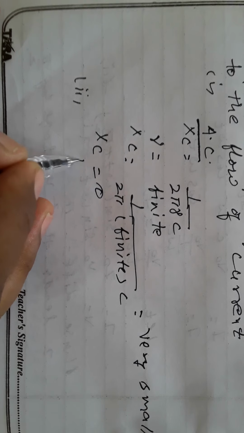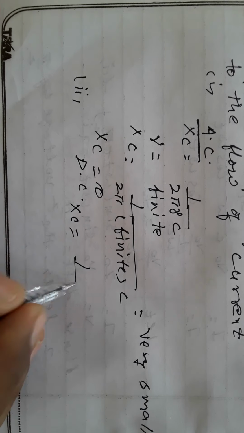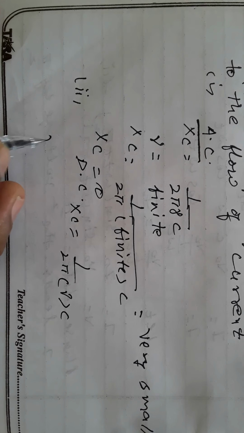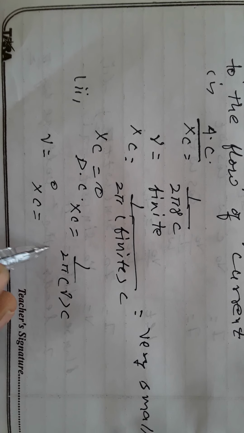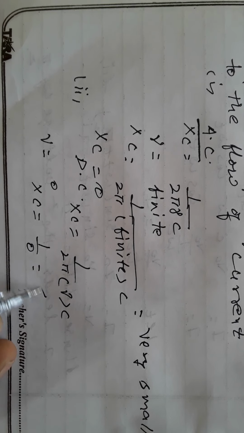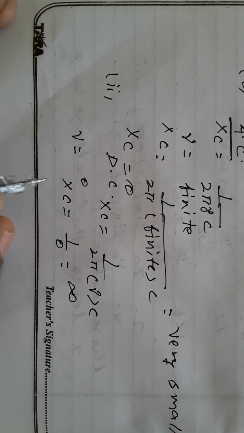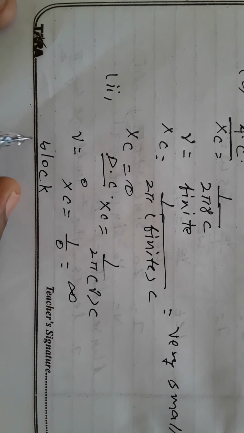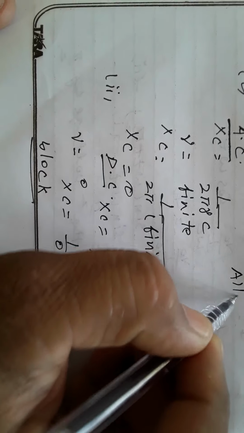For the DC current, we can write XC is 1 by 2 pi nu C. For DC, frequency is 0, so XC will be 1 by 0, it will be infinite. Opposition will be infinite, so we can say that the capacitor blocks DC and the capacitor allows AC.